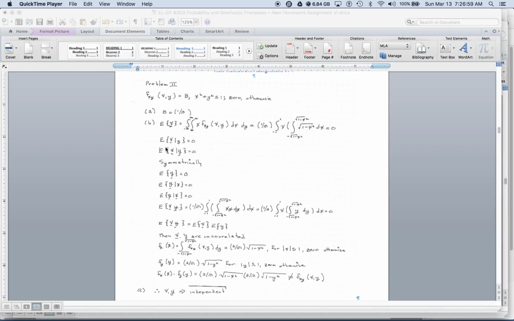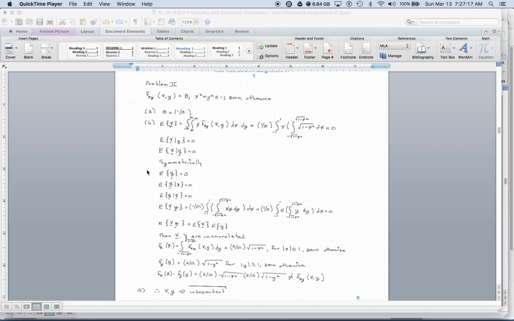Therefore, the expected value of the random variable x is 0, and the conditional expectation of x given the random variable y is 0.